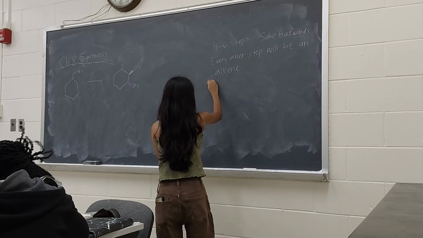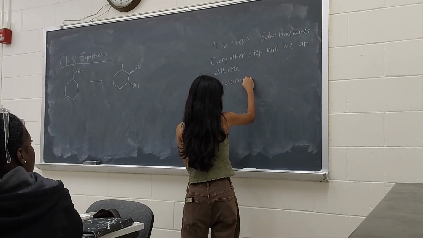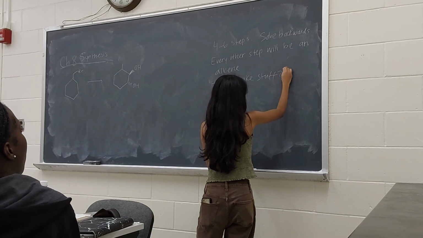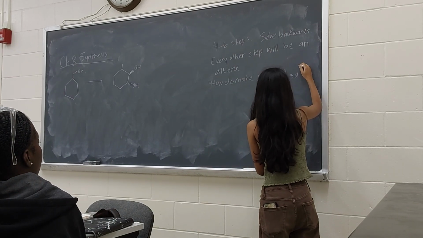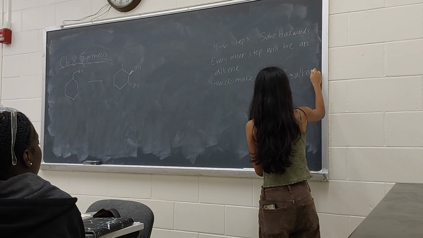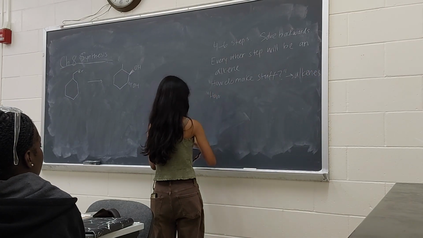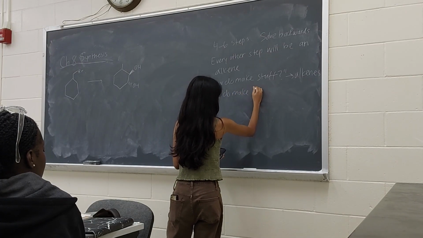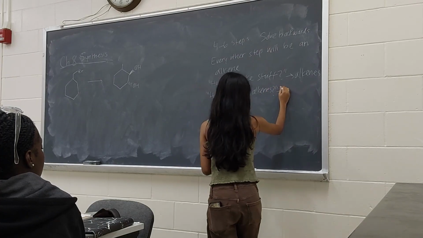He'll say this in class, but how do you make stuff? Alkenes. How do you make alkenes? With stuff. Haloalkanes.